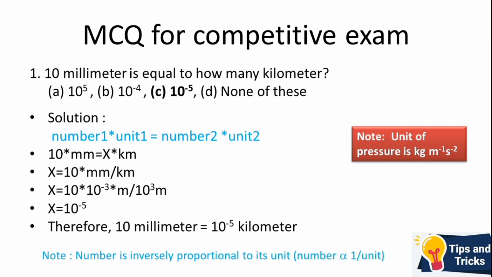Meter and meter in numerator and denominator get cancelled. So we get x is equal to 10 power minus 5. So the correct option is option C, 10 power minus 5. Therefore 10 millimeter is equal to 10 power minus 5 kilometer.